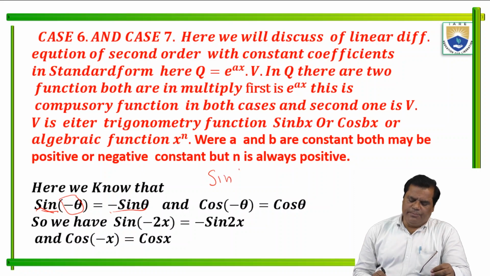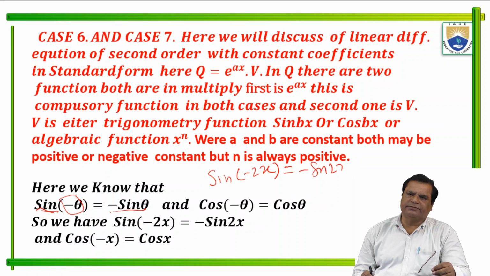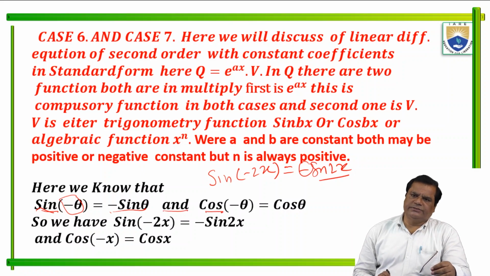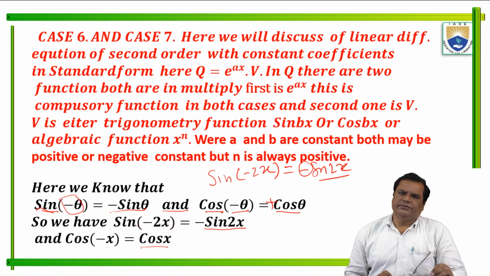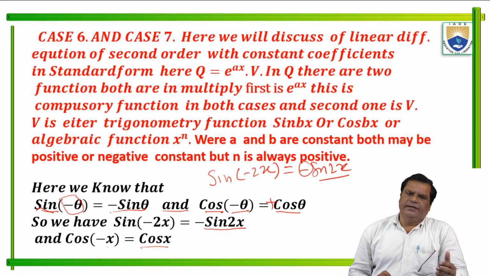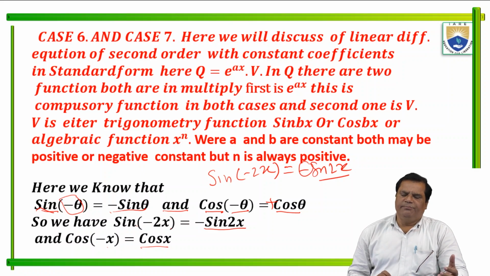Suppose sin minus 2x, then we write minus sin 2x. So no problem, the minus sign just occurs here. And similarly for cos, cos minus theta equals plus cos theta. Here is the plus sign. So we have sin minus 2x equal to minus sin 2x and cos minus x equal to plus cos x. So we can say that a and b may both be positive or negative, no problem.